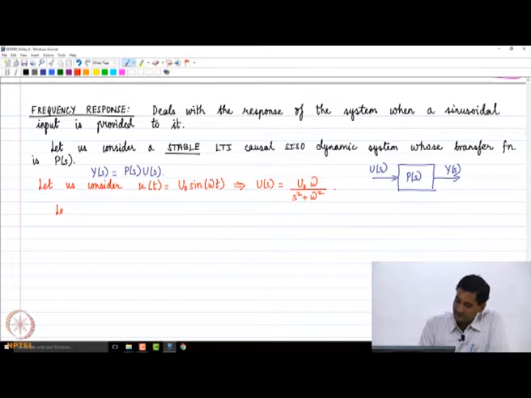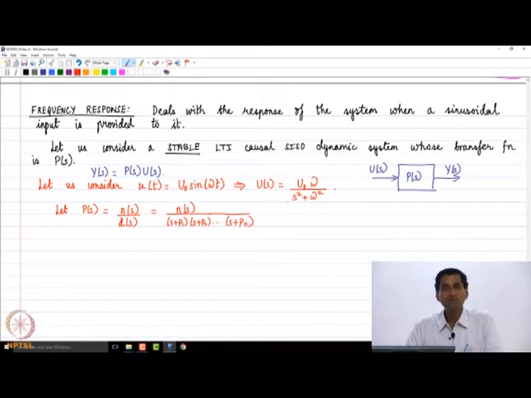And so, let us say P of s is some n of s divided by d of s. This I can rewrite as n of s divided by s plus p1, s plus p2, up to s plus pn. What do we know about all the poles of P of s?